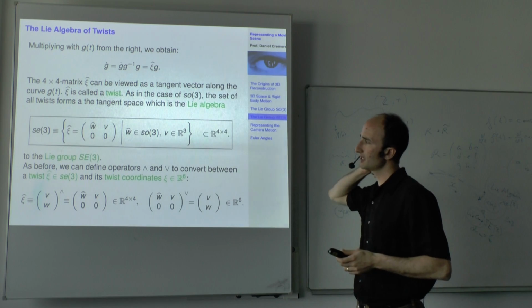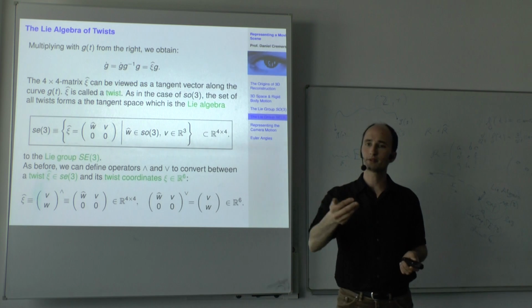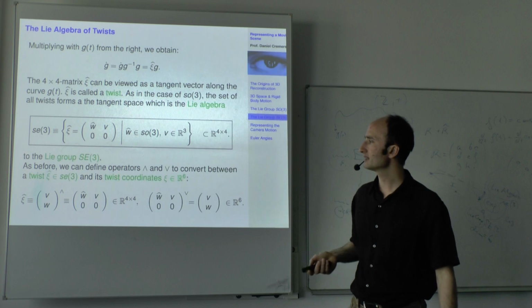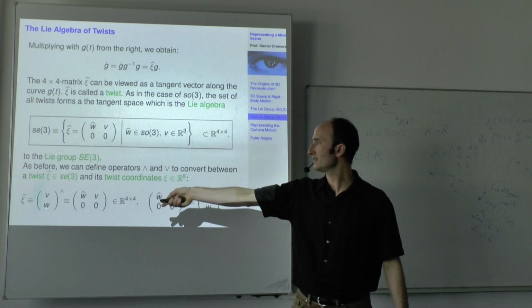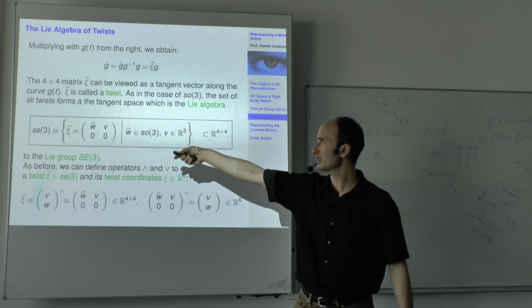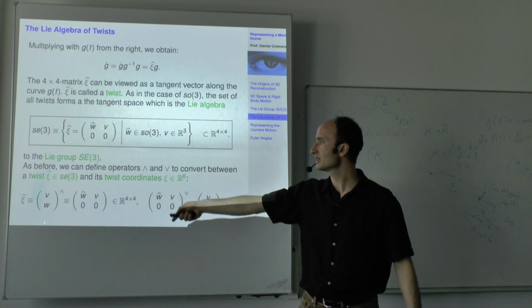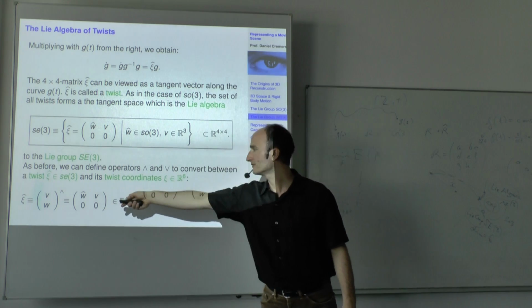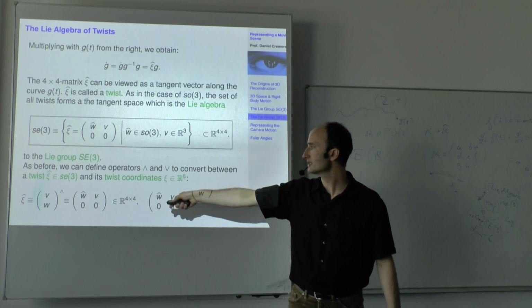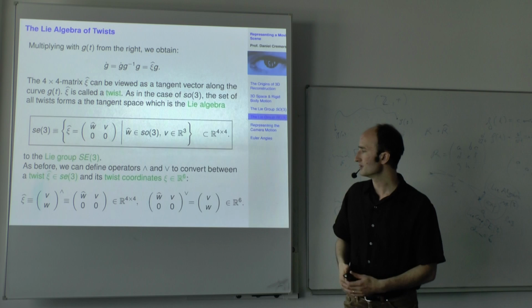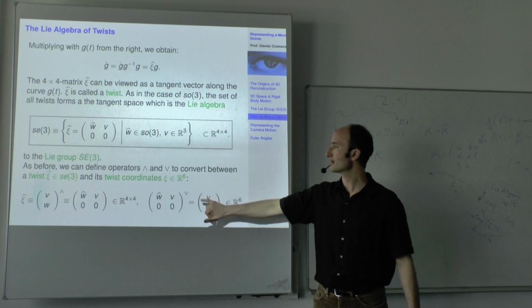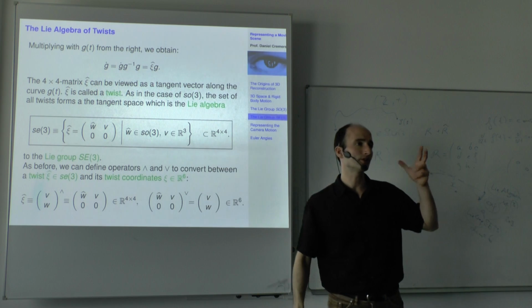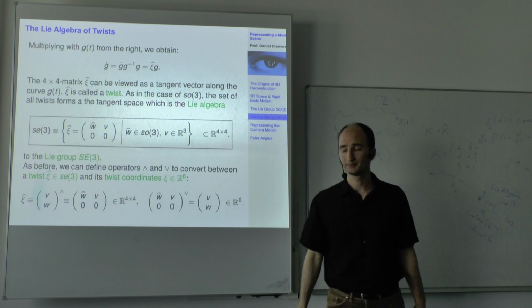And the 6 degrees of freedom are the 3 rotational degrees of freedom and the 3 translational degrees of freedom. And so we can now define operators that take these 6 degrees of freedom, v and w, v the vector here, w being the 3 components in the skew-symmetric matrix, and make out of it the twist. So that is a mapping from R6 to these twist matrices, and in turn we can take any twist matrix and extract the parameters, the 3 parameters of the translation and the 3 parameters associated with infinitesimal rotation.